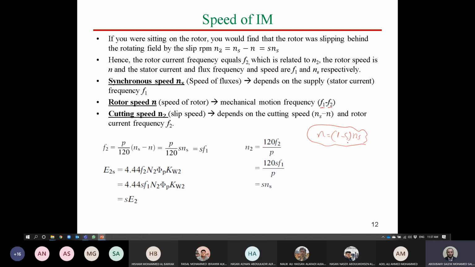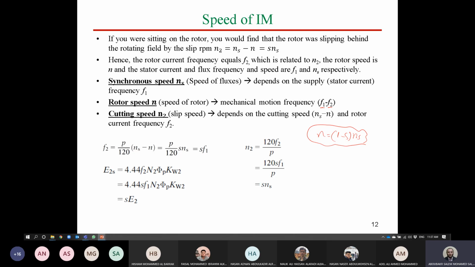Okay? In terms of the electrical circuit, now we need to make a mathematical model and equivalent circuit for the motor in order to analyze the performance of this motor. This is always the aim of making a circuit for any electrical system.